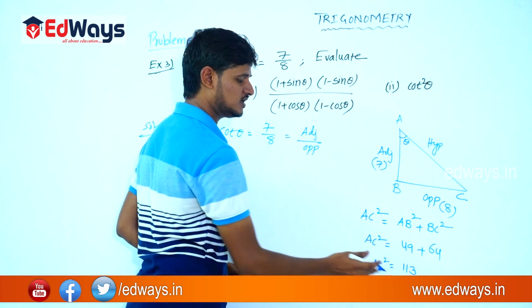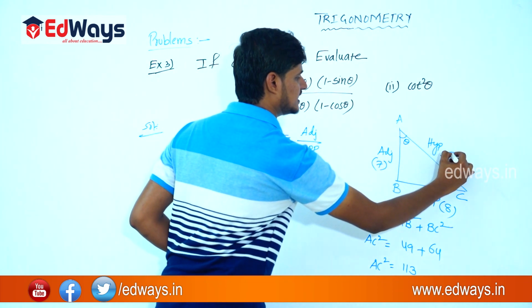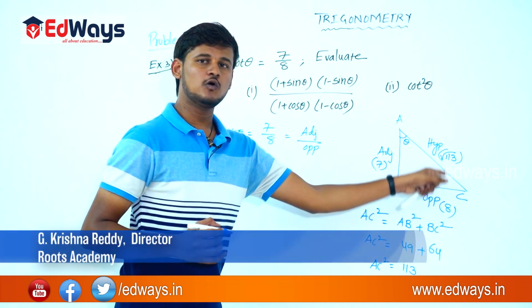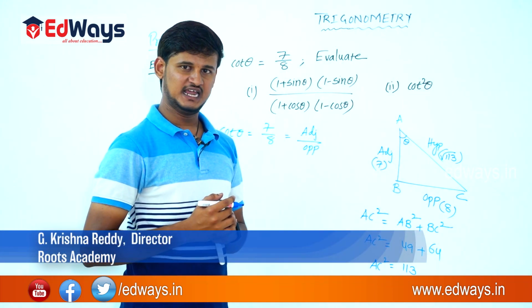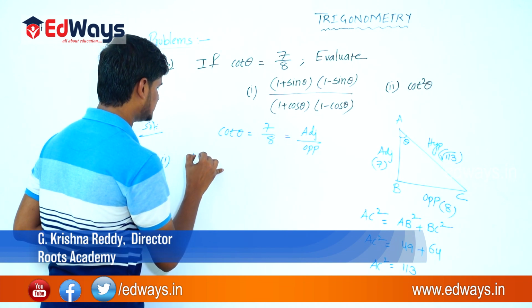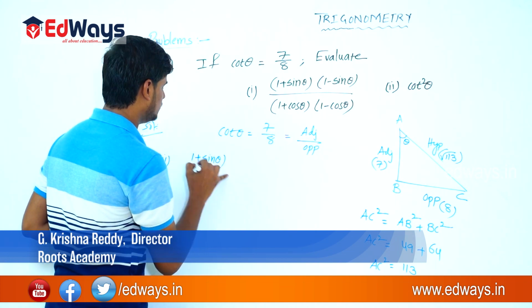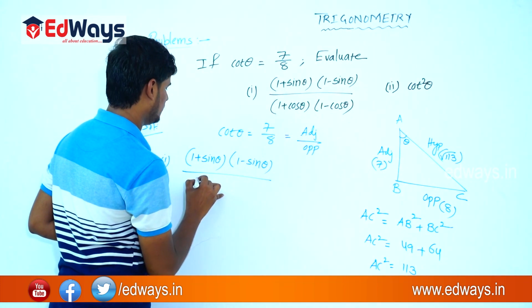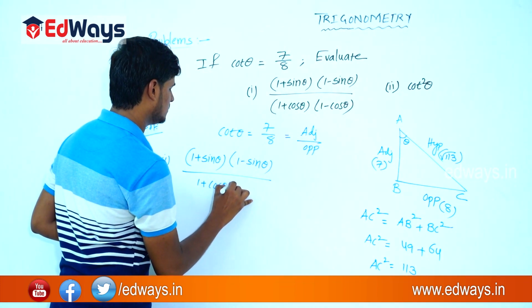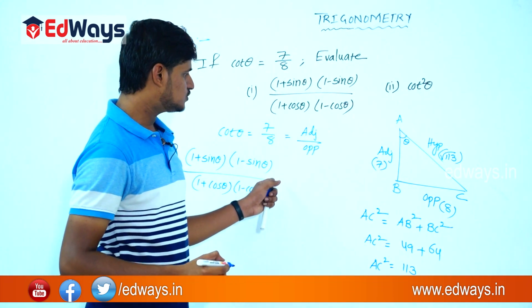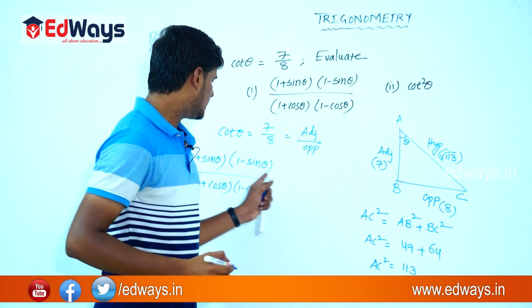We can't simplify that further, so just take it like that. Square root of 113. Now what are all the sides of the right triangle? Right, so then take the first question: (1 plus sin theta)(1 minus sin theta) by (1 plus cos theta)(1 minus cos theta). For that I should know the sin value and cos value, right?